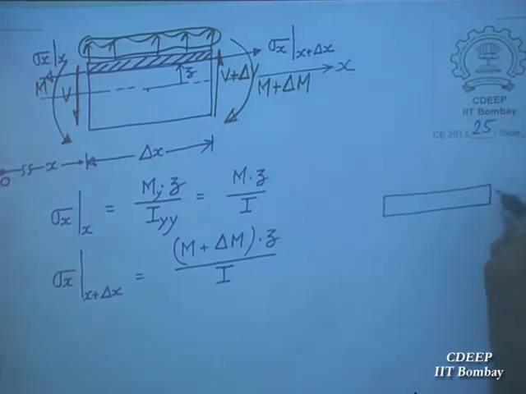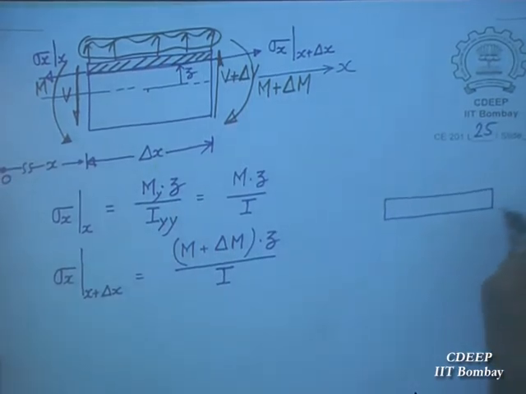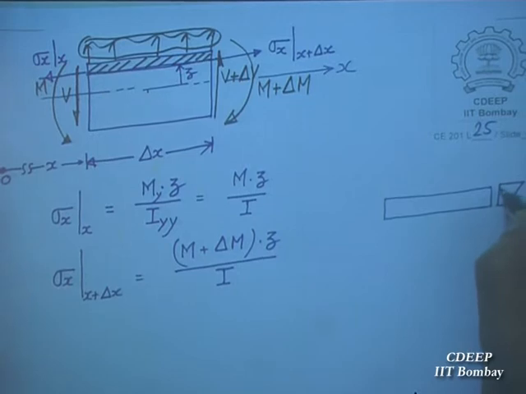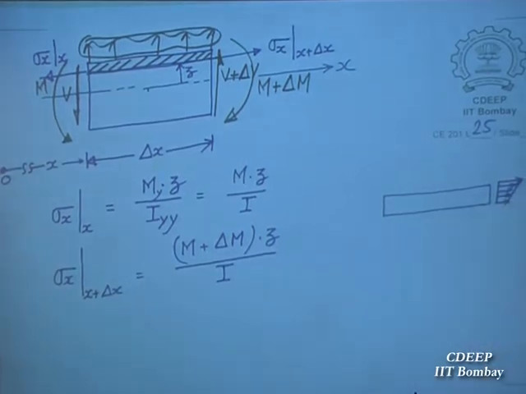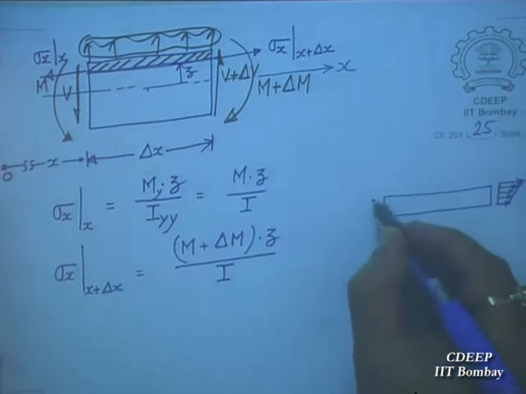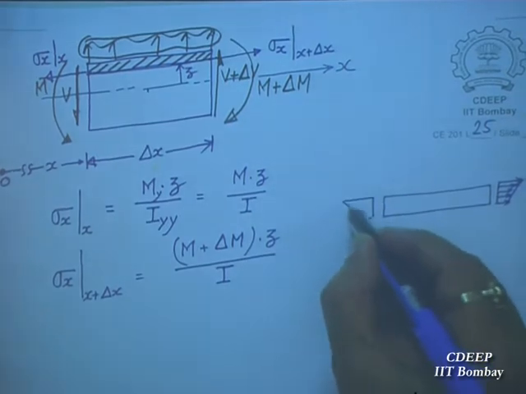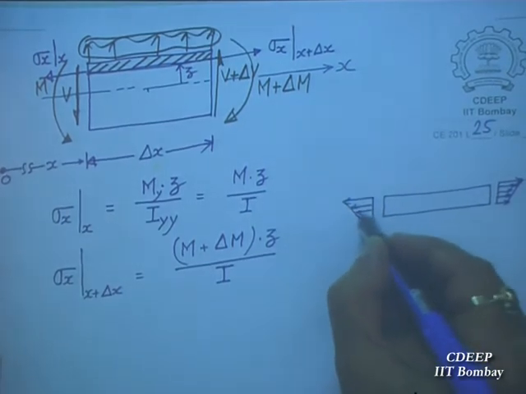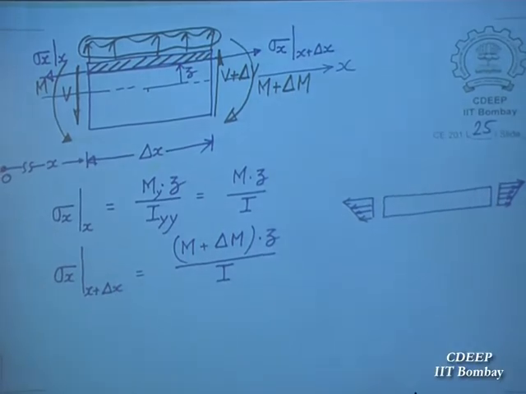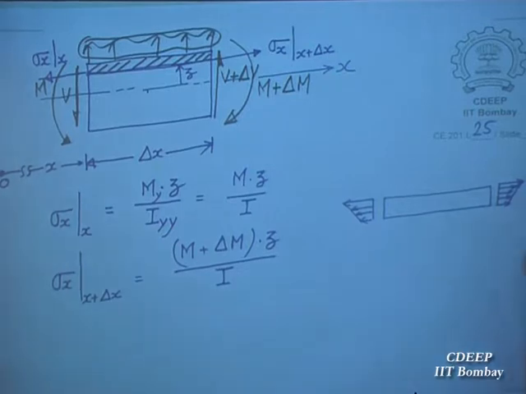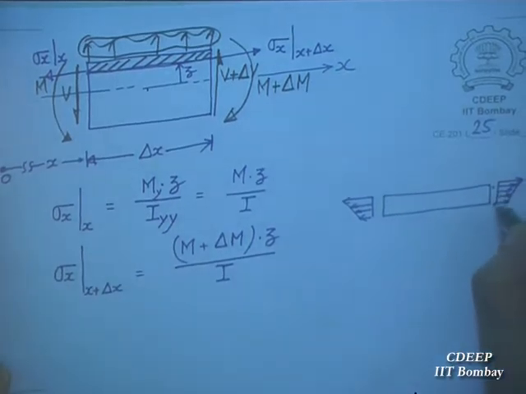So if you are cutting the top slice, then what is happening here? Stress sigma x is acting. Here again some sigma x is acting, I mean at cross section x. And when you have cut this, then here you have shear stress.